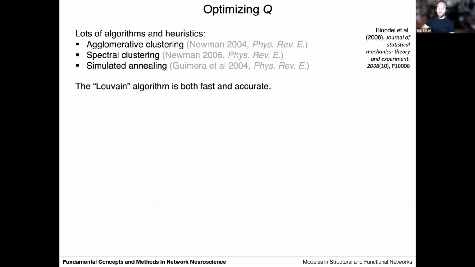And of those, the Louvain algorithm is perhaps the best known. It is fast and it is relatively accurate on benchmarks. It is a multi-stage, greedy algorithm. Essentially, it starts with every node in its own community. That is, every node is a singleton community.